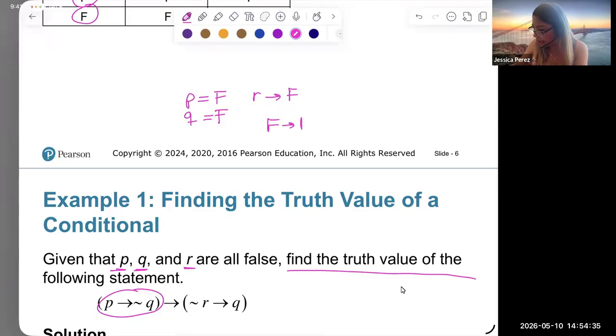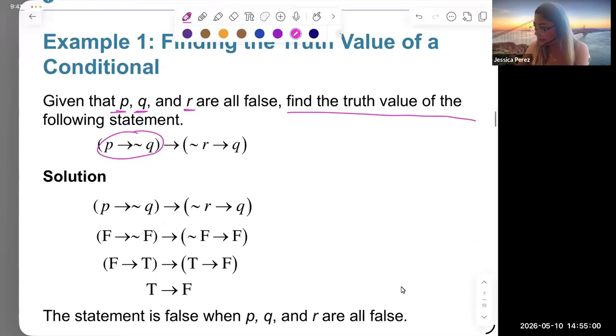So not Q would be T. So not Q is T, not R is T, not P is T. So we have F implies T, which would be T, and then we have not R is T implies something false. So TF is F. So F would be our solution.